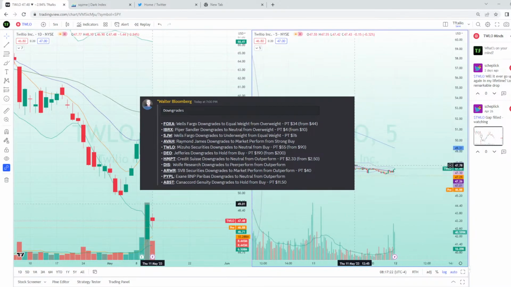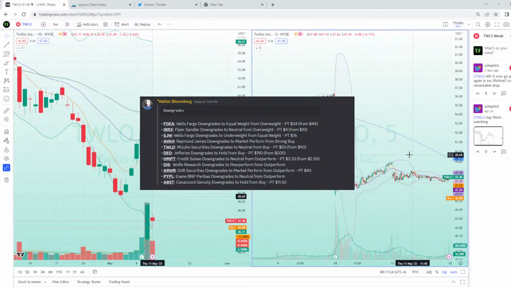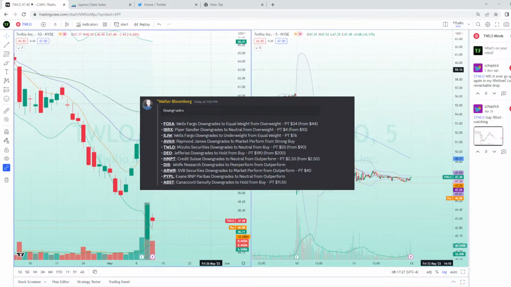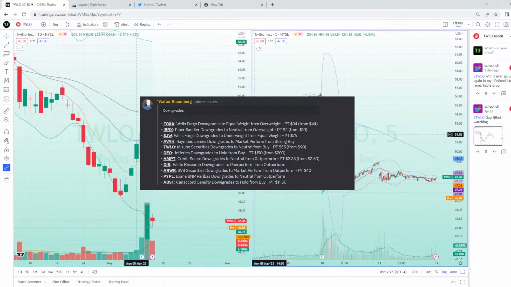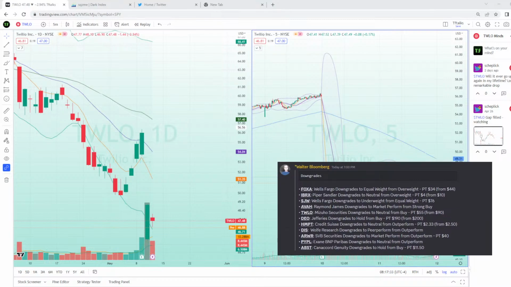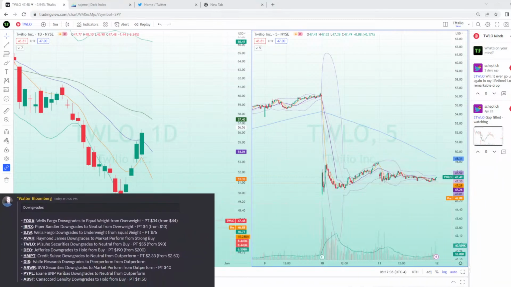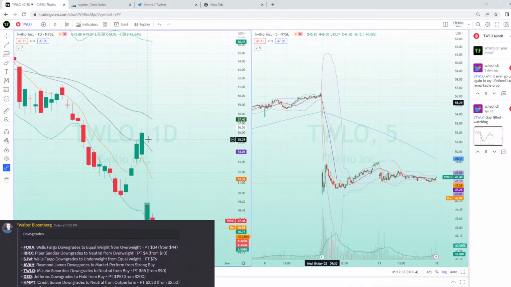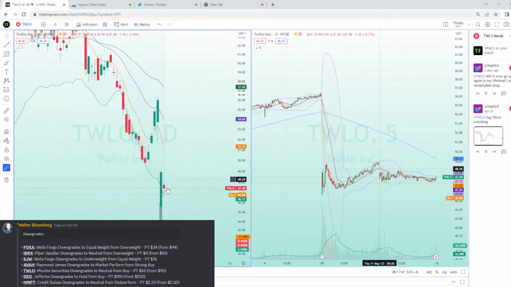Let me see over here. Okay, looks like it's after the big drop. I mean, this is a 5 minute chart. Okay, is this the earnings? Oh, I see. So after the earnings, it gave a big drop over here.